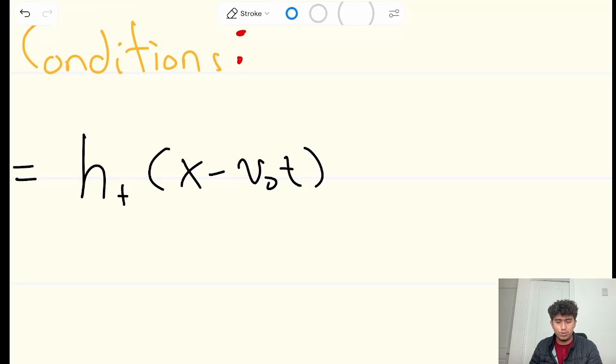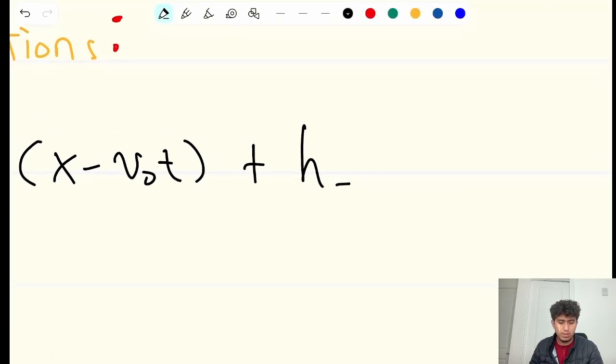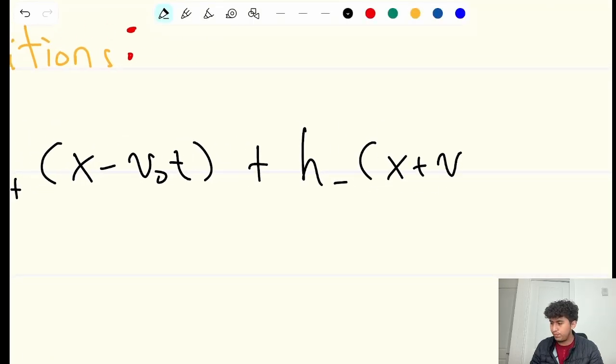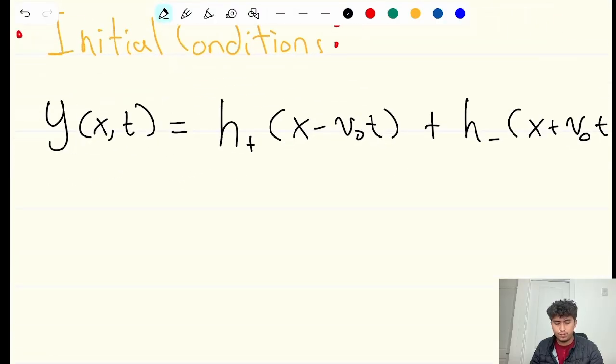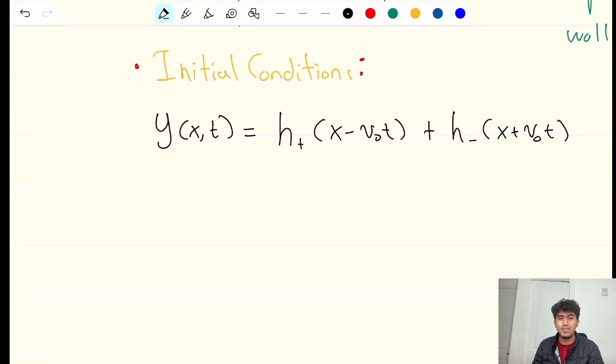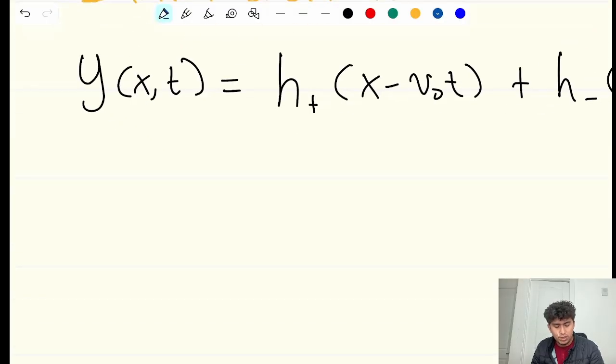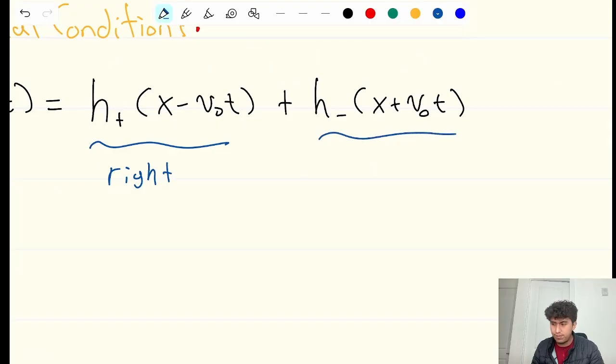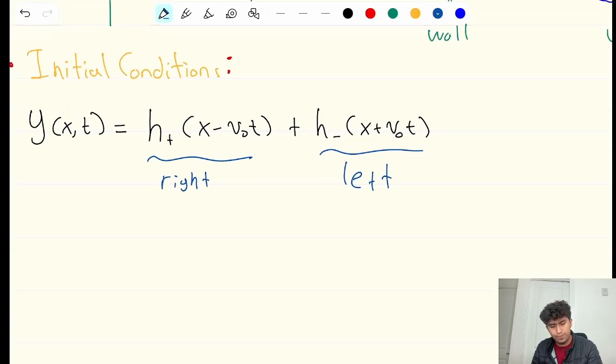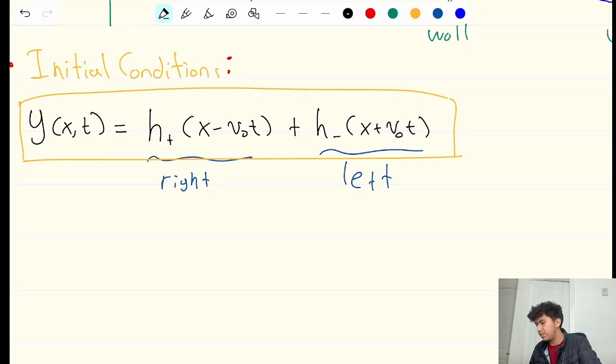This is the wave going to the right, and this is the wave going to the left. You can imagine that's a standing wave, and standing waves can describe strings, so that's cool. This one is right moving, and this one is left moving. It's just a function. And now we're going to show what these functions are.